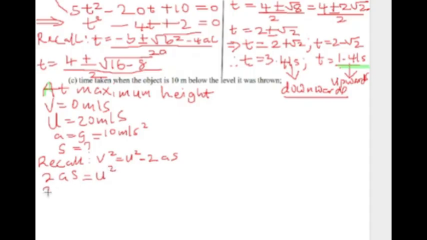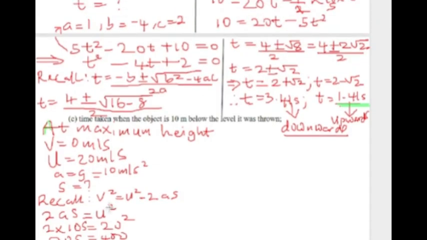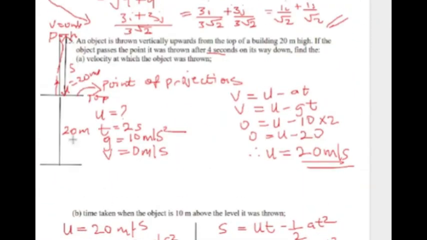We substitute 2 times 10 is equals to 20 square. So we have 20x equals to 400, giving us x is equals to 400 over 20, which is equals to 20 meters. So this is quite interesting. From this point, this x, from this point to this point is also 20 meters.